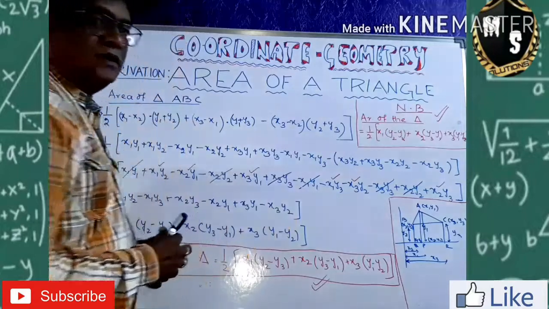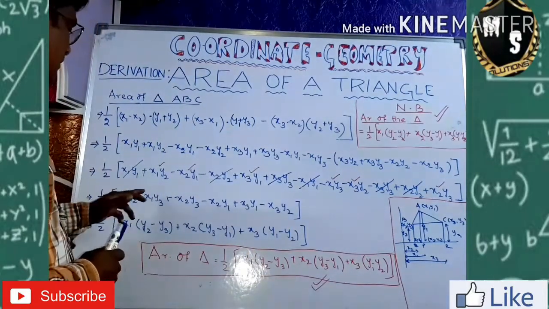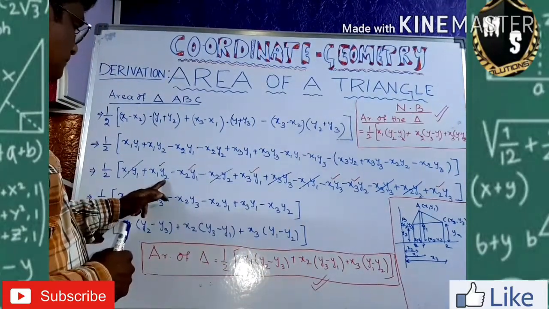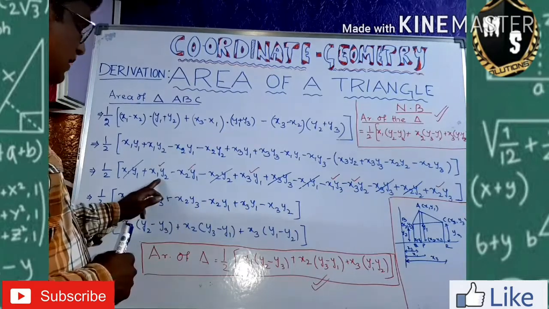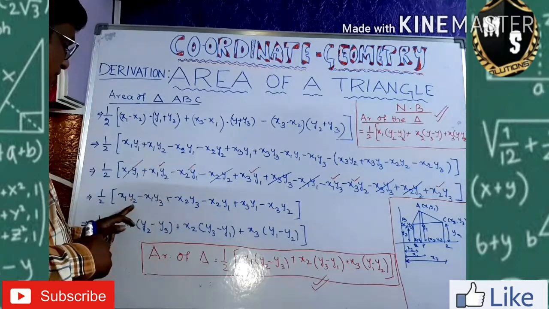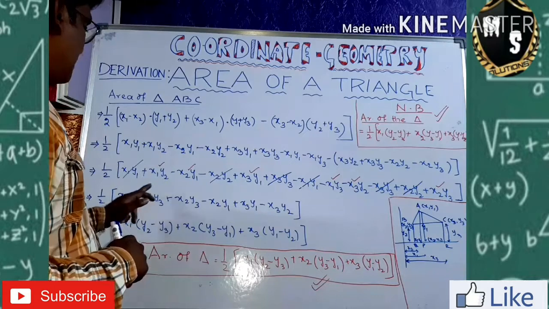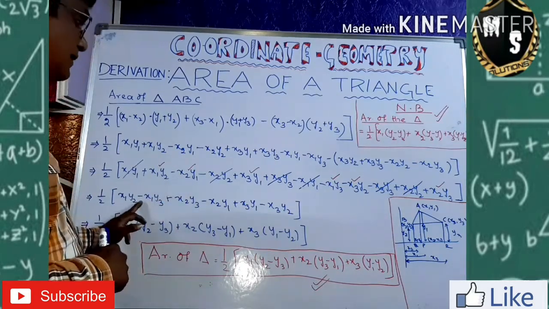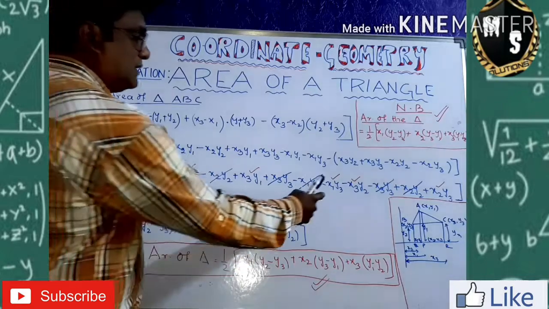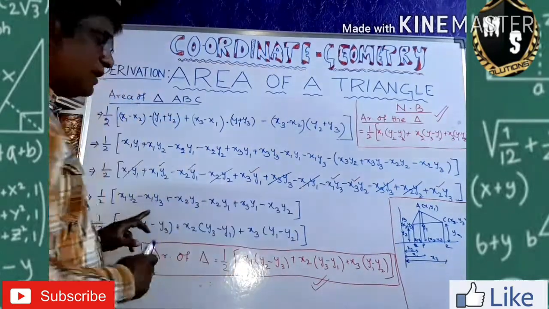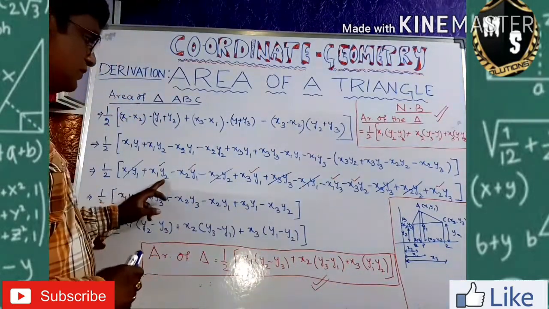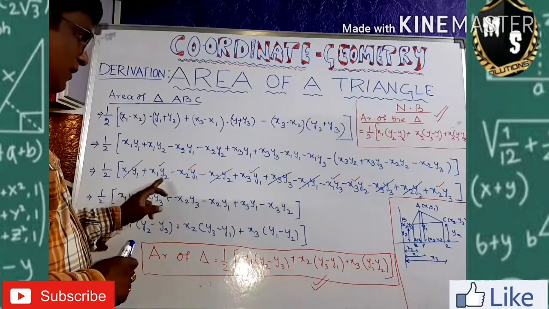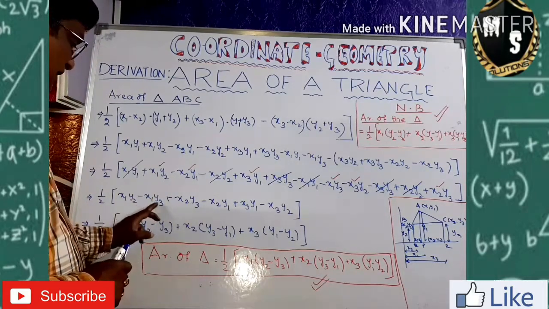Okay. Now you see x1 y2. I wrote x1 y2, and I should write this one next to it, but I wrote x1 y3, minus x1 y3. Why did I write it here? That means x1 y2, 12, is brought near to 13.